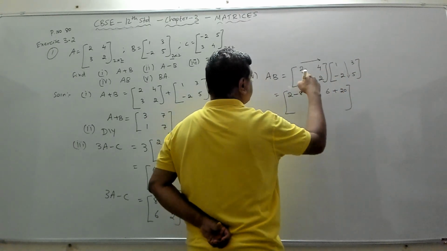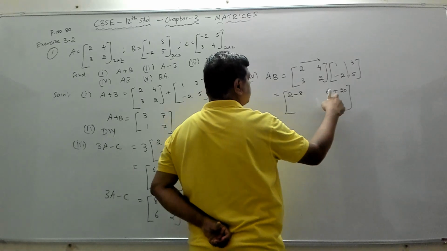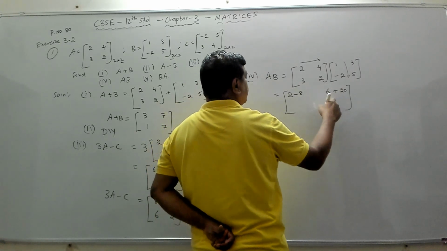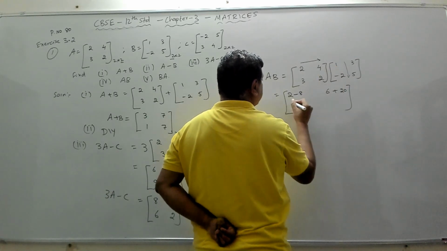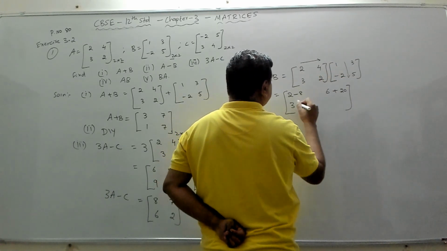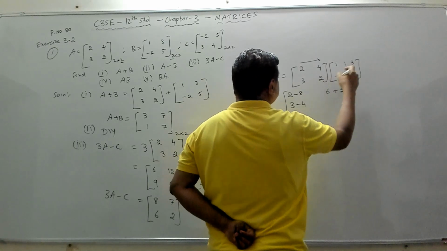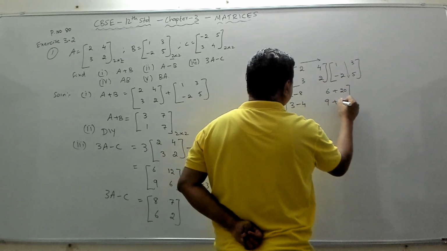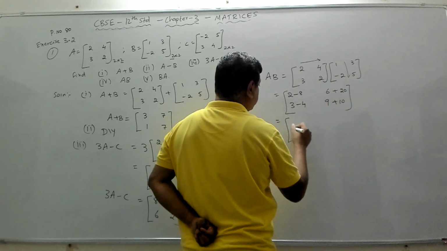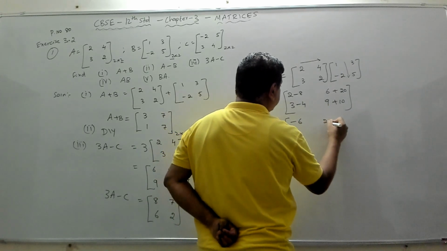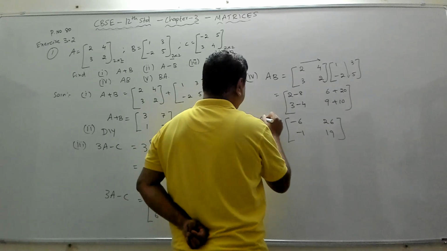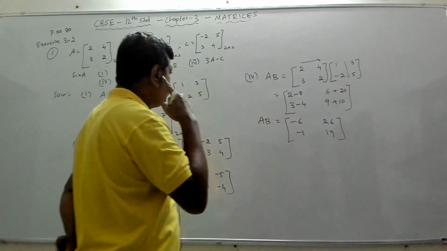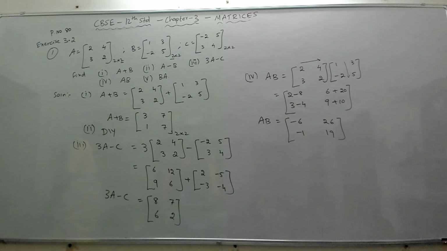The first row with the second column will give you the first row second element. Then second row first column, 3 into 1 is 3, plus 2 into minus 2 is minus 4. Then 3 into 3 is 9, plus 2 fives are 10. So you get minus 6, 26, minus 1 and 19. So this is your matrix AB.